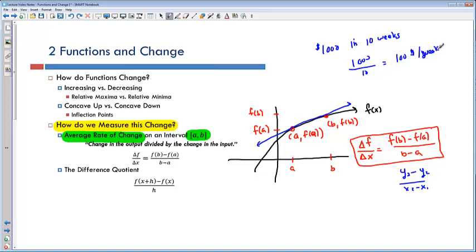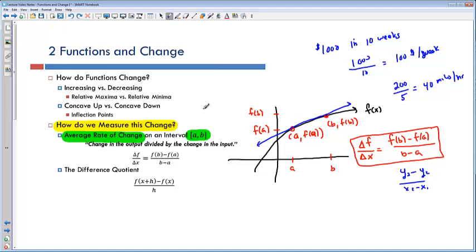This is something you can compute easily. You can also do this in miles. You can say, I went 200 miles in the last 5 hours, so how much did I go each hour? You do 200 divided by 5, and you get about 40 miles per hour on average, which means you're not going very fast, but that's the idea.